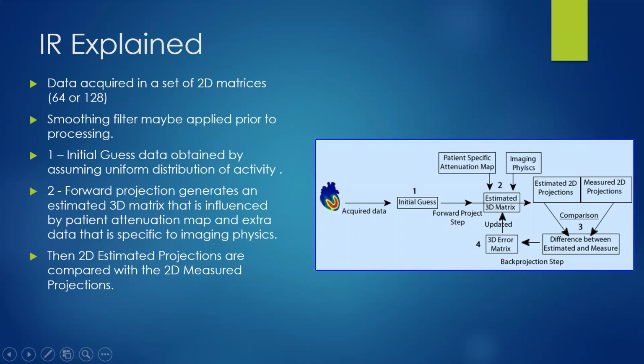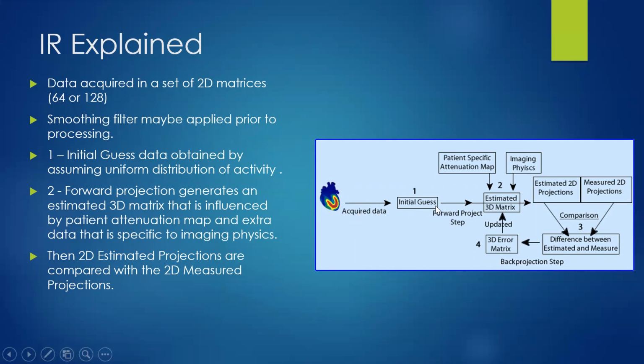So, trying to give you a simple explanation of what IR actually is, we first need to notice that you have 2D matrices, either 64 or 128, usually 64 stops or 128 stops if you're going 360 degrees around the patient. First of all, you start off with your initial data that's acquired.